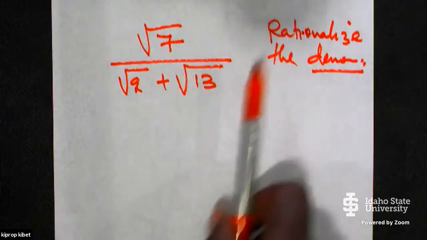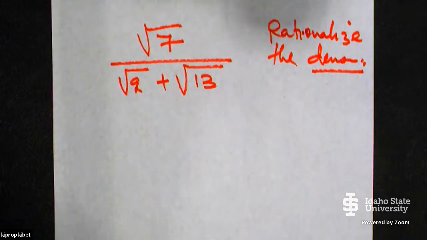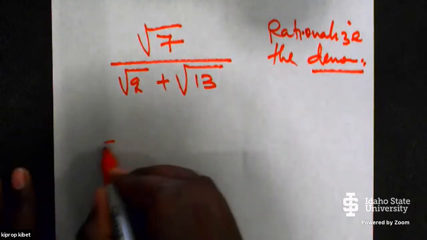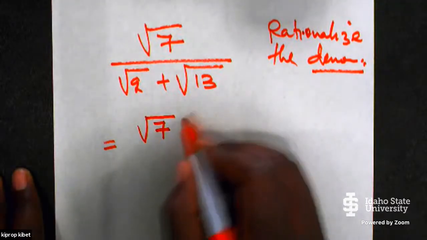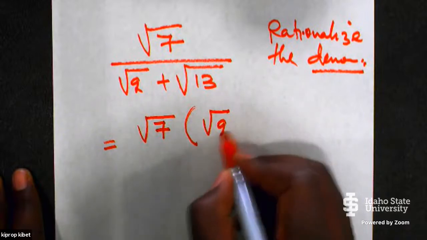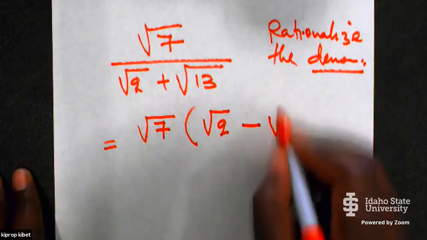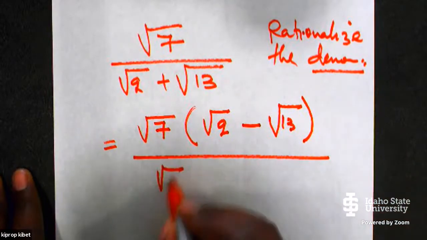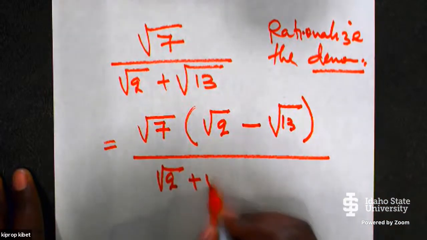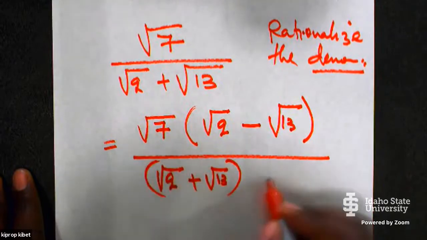So that means it will be equal to the square root of 7 times the square root of q minus what, all over that plus, times what?